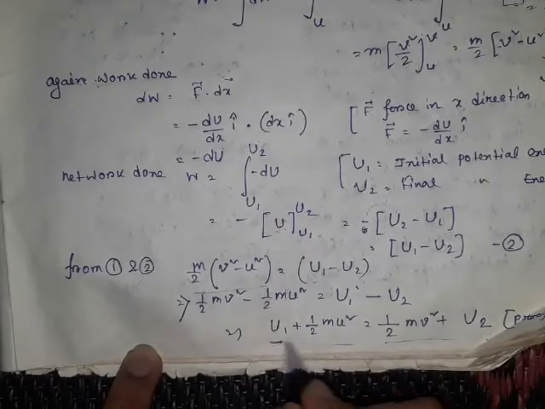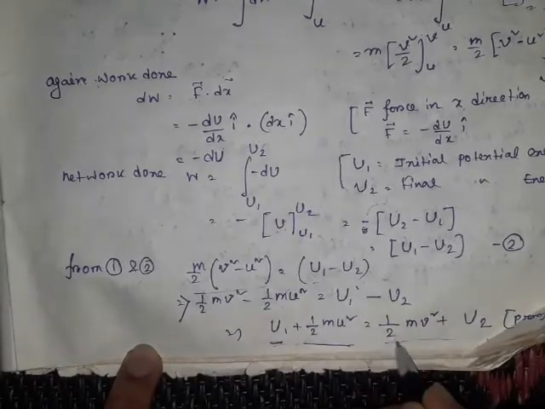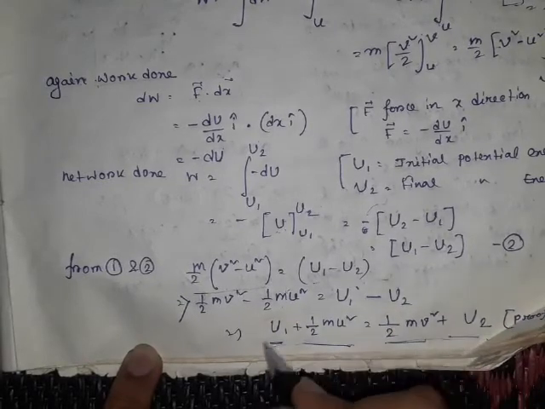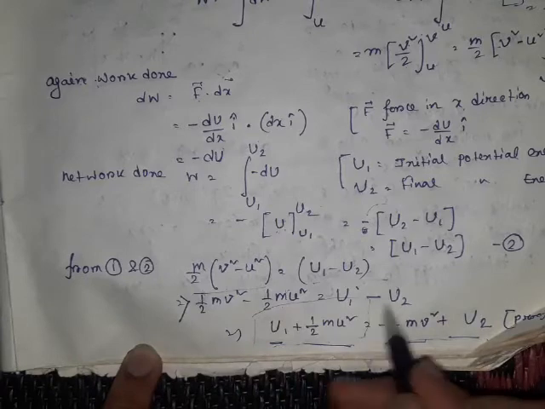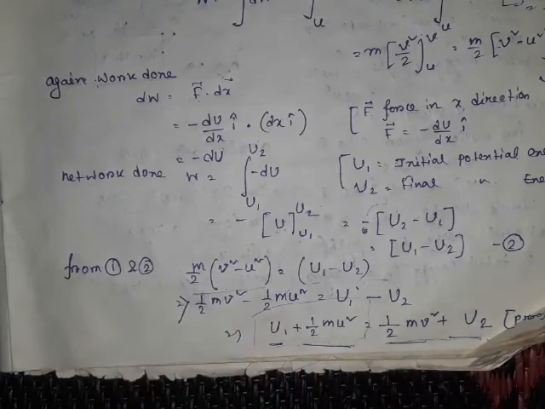This is the potential energy, this is the kinetic energy, this is the kinetic energy, this is the potential energy. That means the initial total mechanical energy must be equal to the total energy after the application of force. So this is the conservation of energy, and it holds good for the conservative force field.